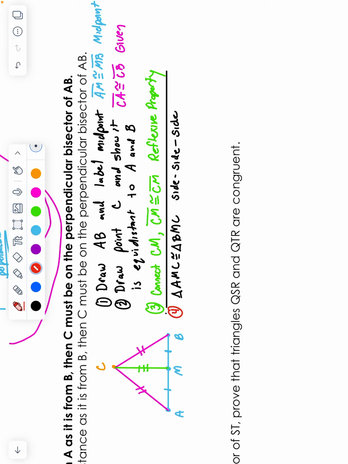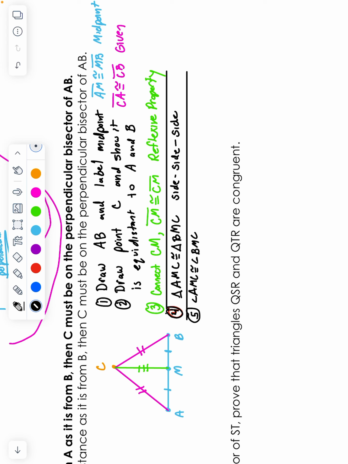Since we know that the triangles are congruent, I guess that could be step 4, and I underlined it because it brings us to our next phase, where we're going to start picking off some things. That means that angle AMC is congruent to angle BMC.